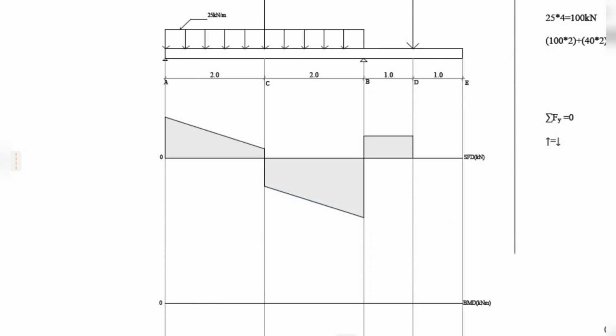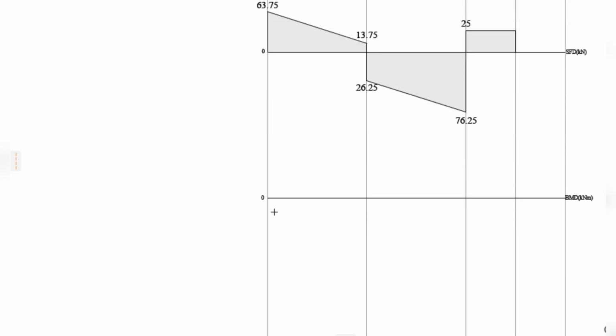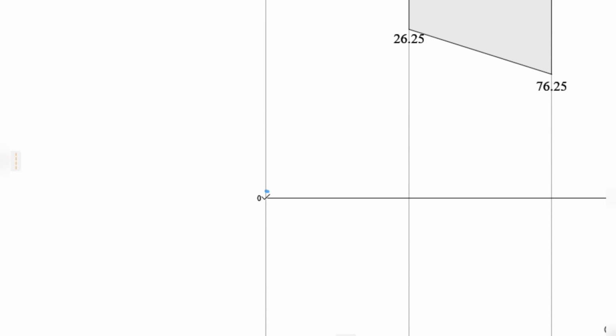For the first section, A to C, we use the formula half h times a plus b, that is 0.5 times 2 times 63.75 plus 13.75 to get 77.5 kilonewton meters. And we plot the 77.5 kilonewton meters on the positive side of our bending moment diagram, since this is on the positive side of our shear force diagram. We draw this line using a concave curve.